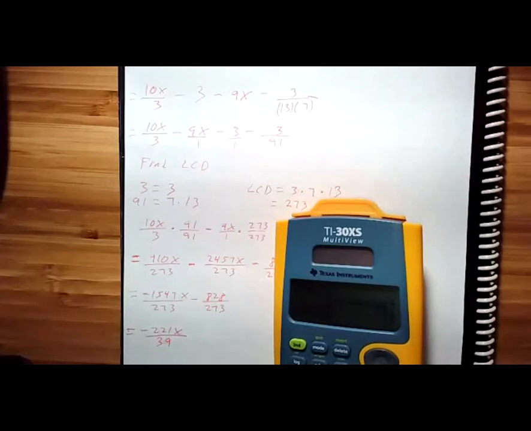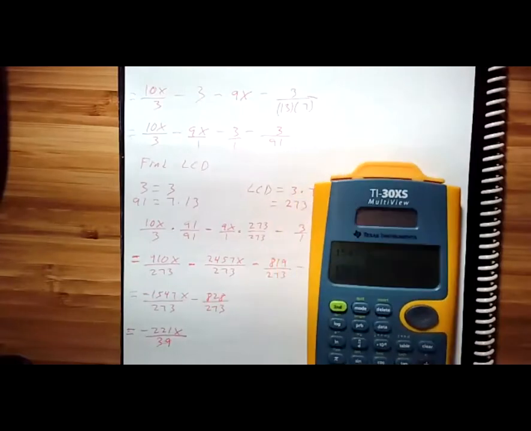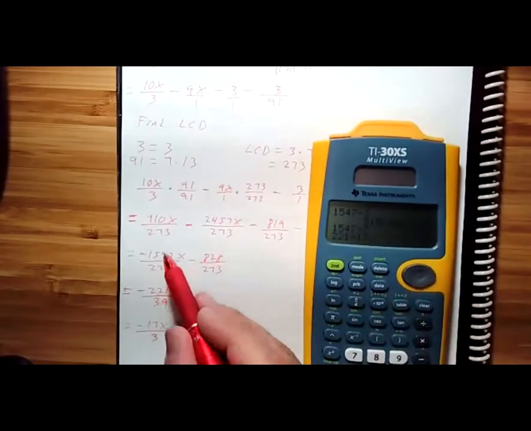So 221 divided by 13 is 17. That would become negative 17x over 3. Oh, wait, hold on. Yes. So we reduce this first part.